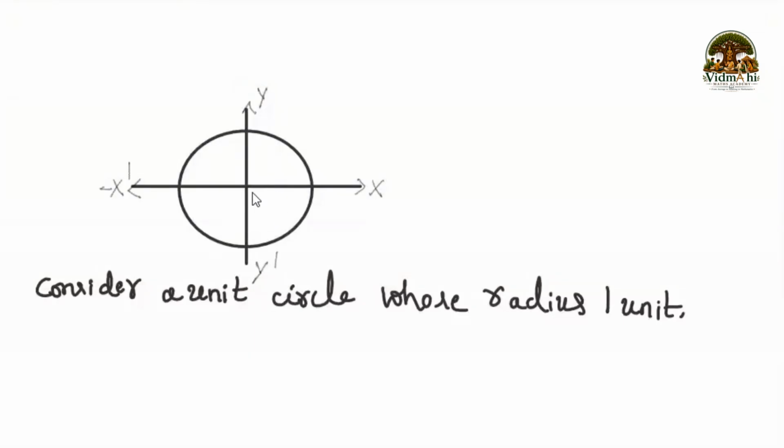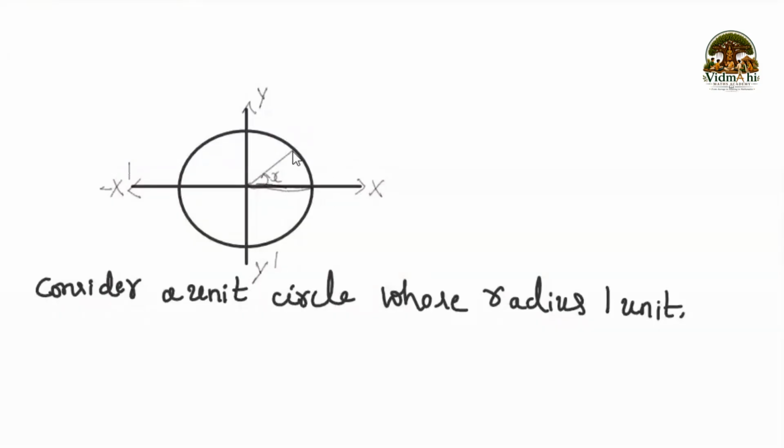Now consider a ray. We know that this ray is initial ray and this is a terminal ray and the angle is nothing but x.